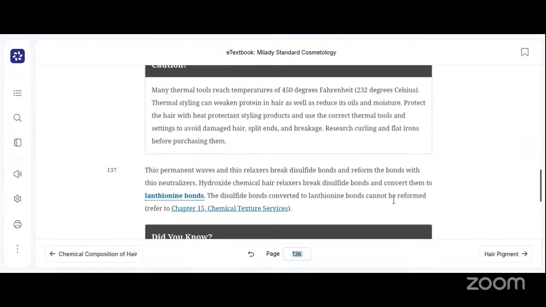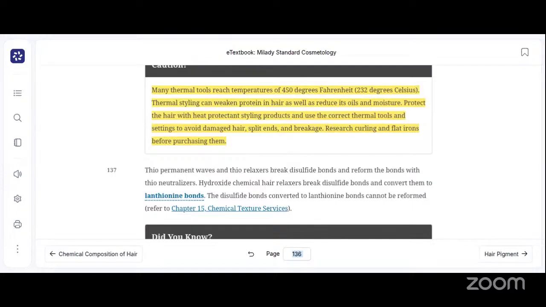Let's look at our caution. It says many thermal tools reach temperatures of 450. We do have flat irons that go up to 450. And here's the thing, guys, I've even worked for a company where the flat iron went up to 460. Even though we have the capability of going up higher and higher on our tools, that doesn't mean the hair that you're working on can hold it or withstand it.